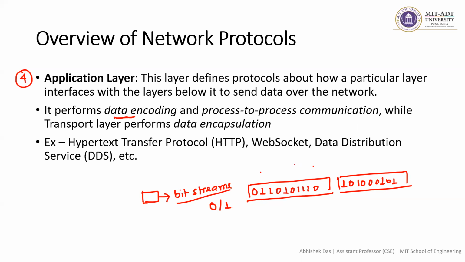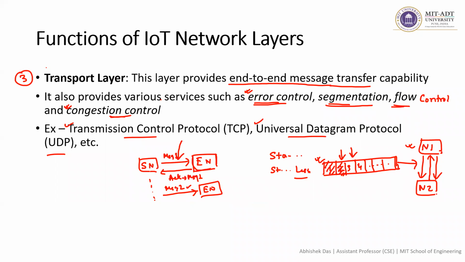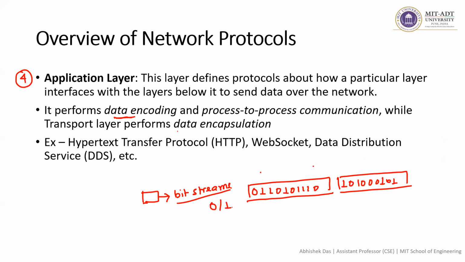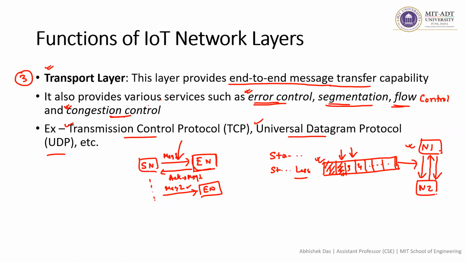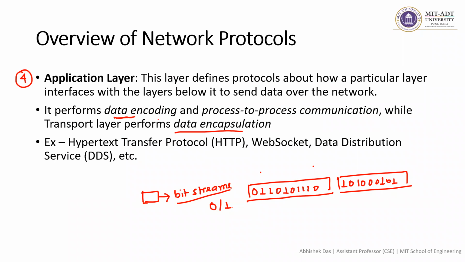While the transport layer helps in data encapsulation, the application layer helps in data encoding, and once the data gets encoded, the transport layer helps in data encapsulation.